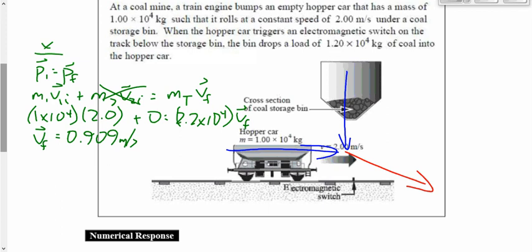But what about vertical? Vertically, the coal hits the hopper car, and the hopper car and coal combination starts going down. If the hopper car and coal start going down, what object must go down with the hopper car and the coal?